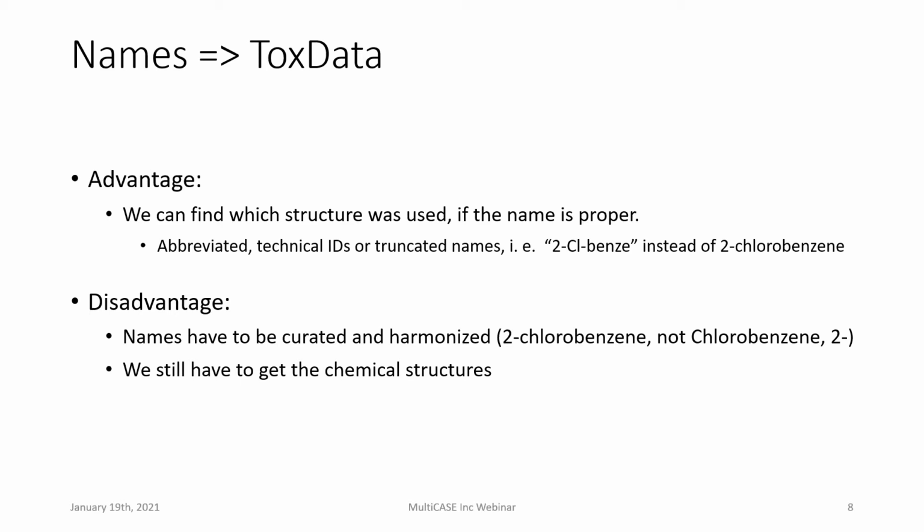Most of these curations are happening in a manual way. And we also like to harmonize names. So for example, in this case, we would choose 2-chlorobenzene over chlorobenzene, 2-. And another disadvantage, we still need to get a chemical structure. So this task turns into 2 steps. First, we need to clean the names. We need to be sure that the names which are provided are readable, are recognizable, and can be used for search.